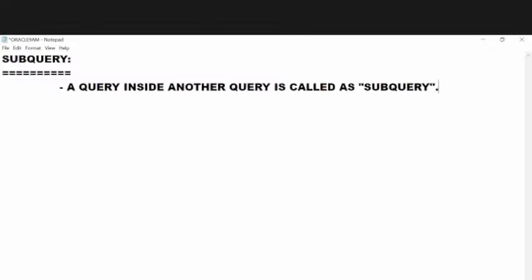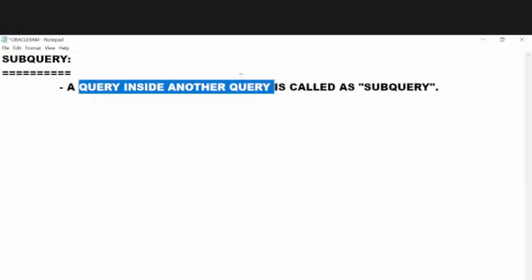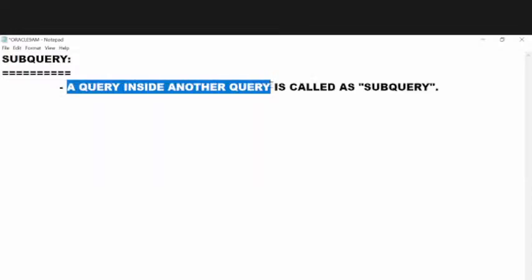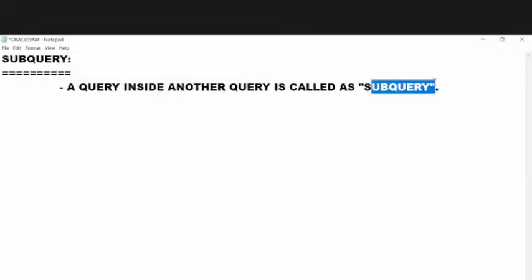As of now, have you written any query inside another query? No, we haven't seen it yet, but now we can, with the help of subqueries. So a subquery means a query inside another query. We didn't perform this kind of operation so far. When you write like this, those statements are called subquery statements.